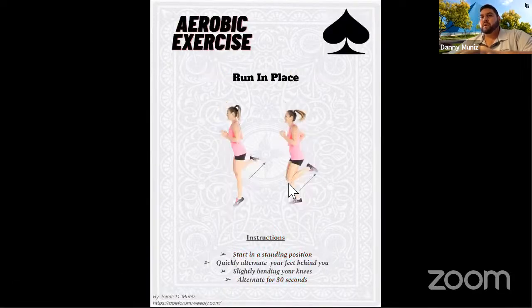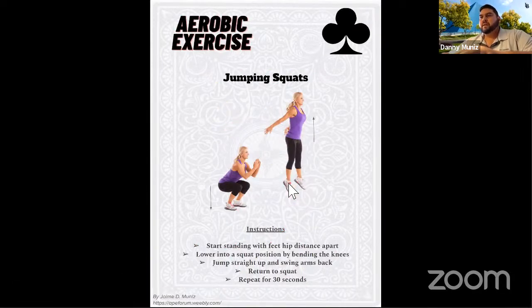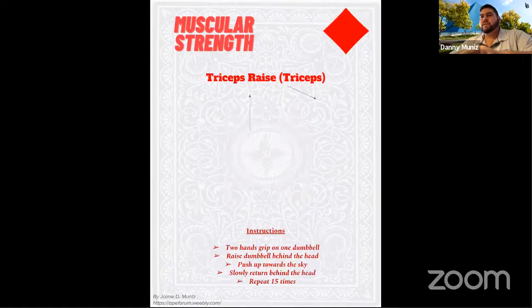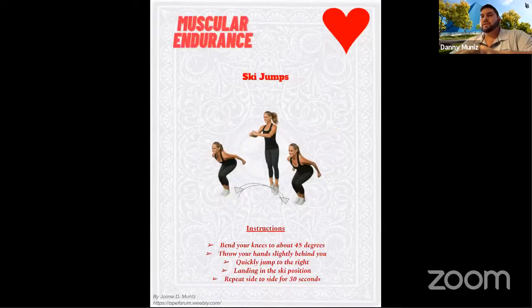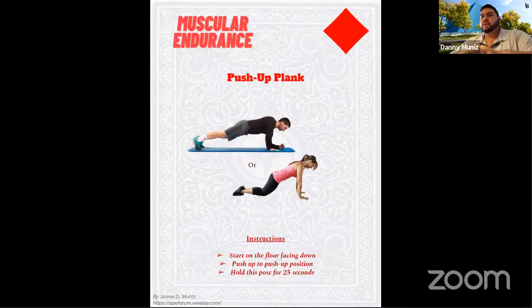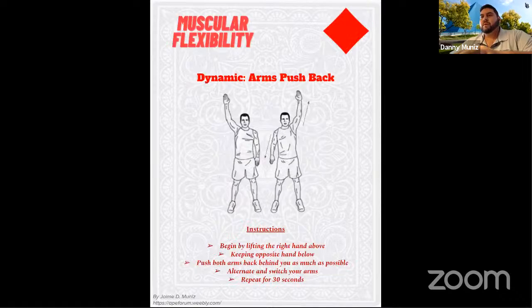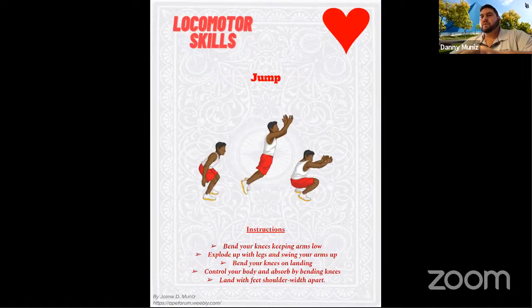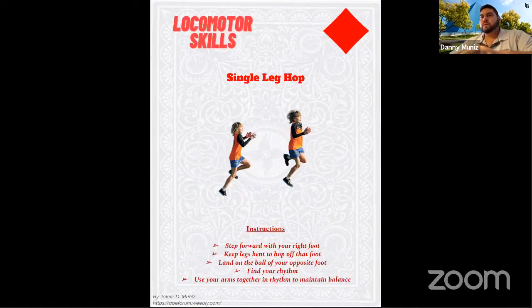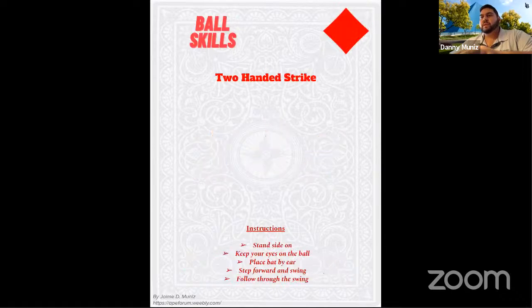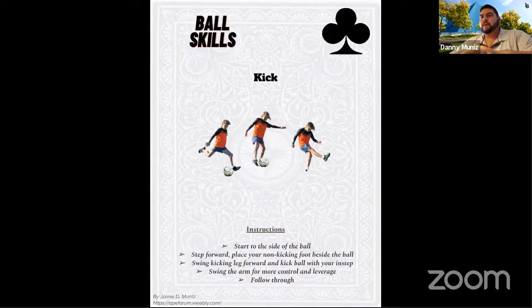All right, moving on. So I created about 7 categories. I went into muscular strength, and then endurance, and then flexibility, and also locomotor skills for the elementary kids, and ball skills such as overhand throw, catch, two-handed strike, and kicking.